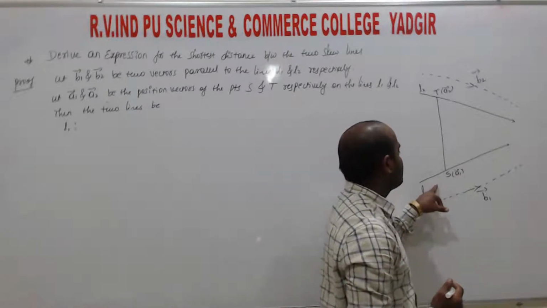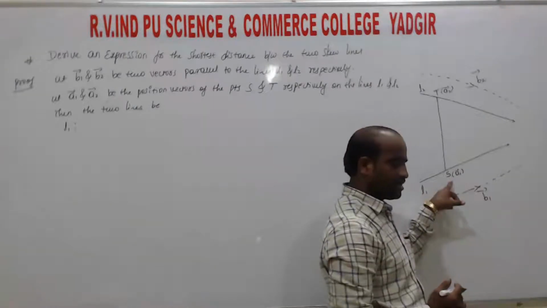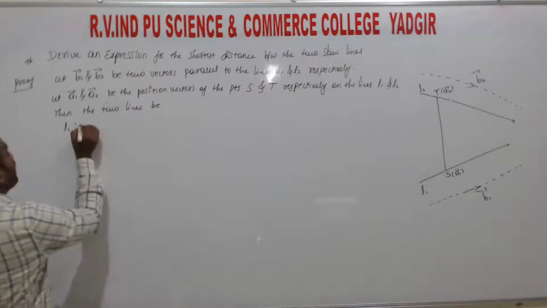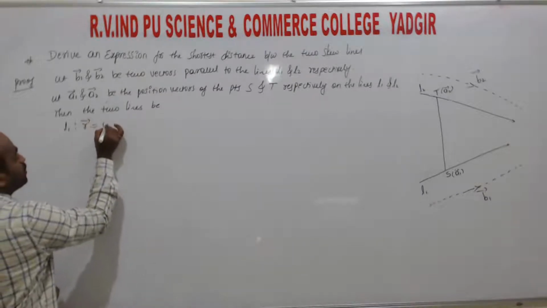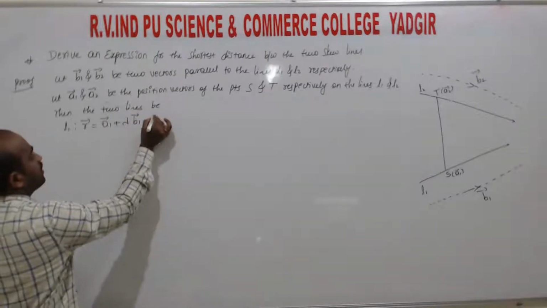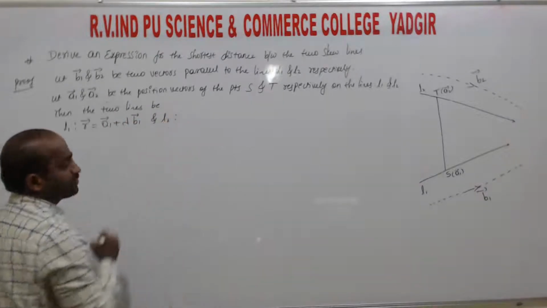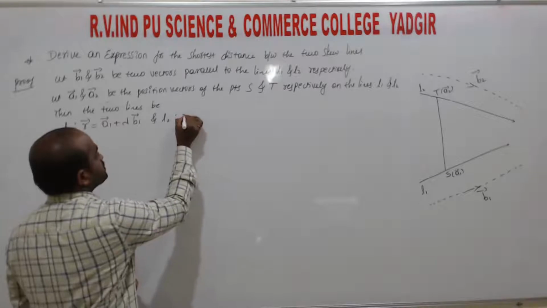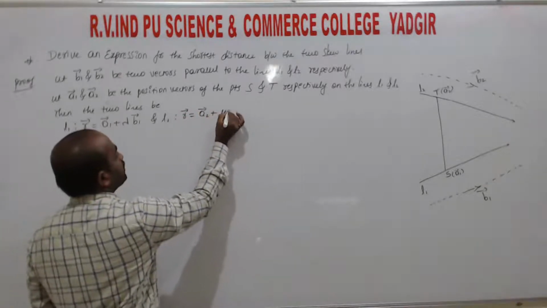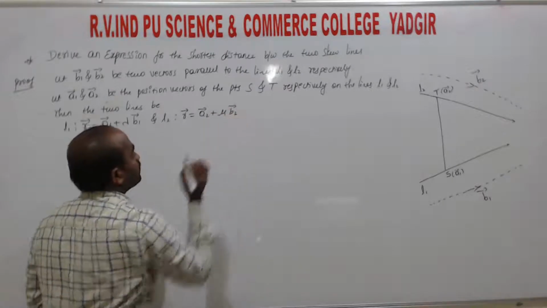First, the line L1 passes through the point S and is parallel to the vector B1, so r vector equals A1 vector plus lambda times B1. The second line's equation is r vector equals A2 plus mu times B2.